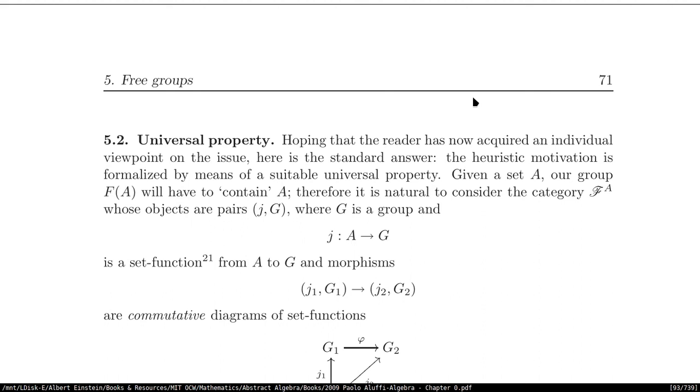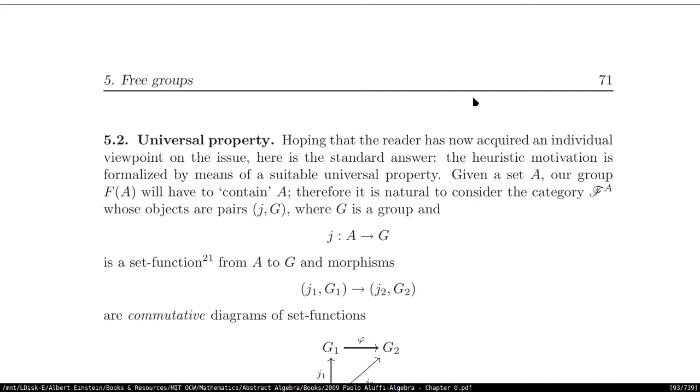So what you can do is you can have a category. You have this curly F of A, and these objects are going to be pairs (j, G).